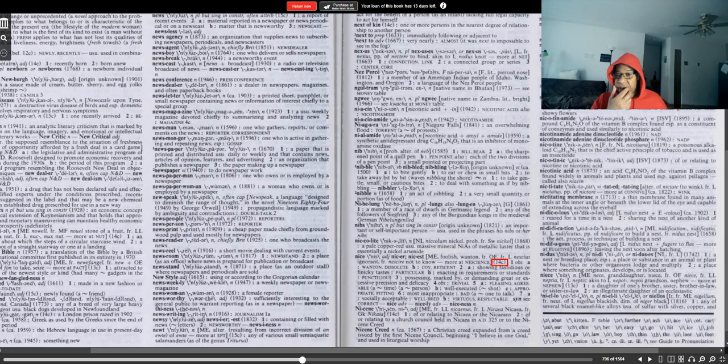That little C means century. So it's telling us that this word nice goes back to the 14th century.